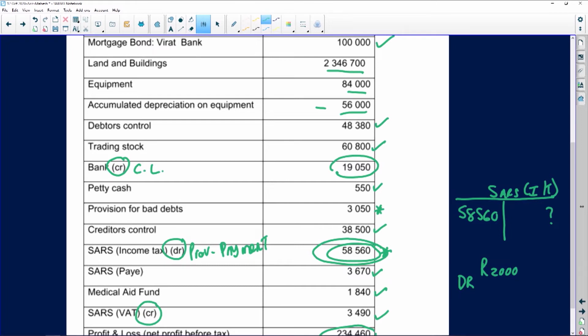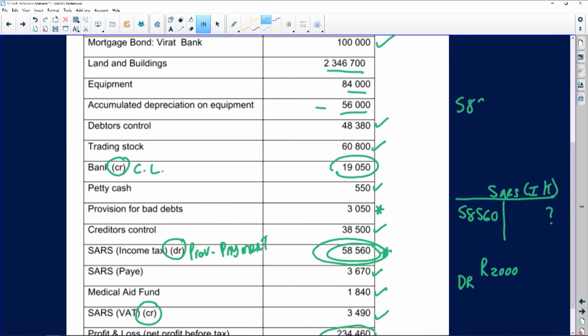Now, how would I calculate my tax expense? So think about it. 58,560 minus 2,000 will then give me my income tax expense for the financial year. You can obviously reconstruct the SARS income tax account, but it's not necessary. So I overpaid the receiver. Remember, I am the business. I overpaid by 2,000 Rand.